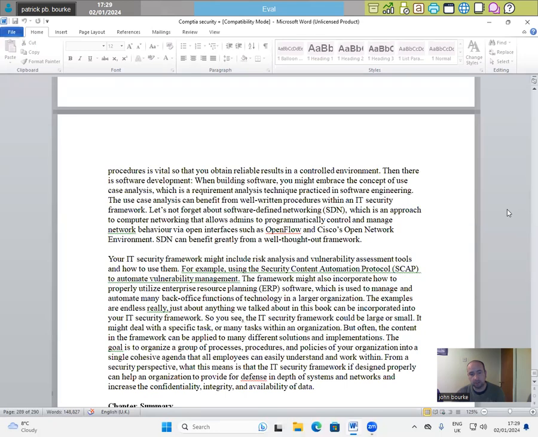Let's not forget about software-defined networking, SDN, which is an approach to computer networking that allows admins to programmatically control and manage network behavior via interfaces such as OpenFlow and Cisco's Open Network Environment. SDN can benefit greatly from a well thought out framework.